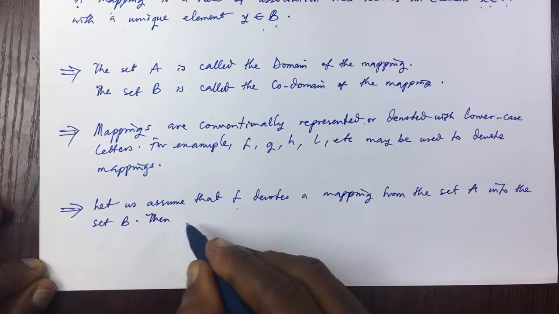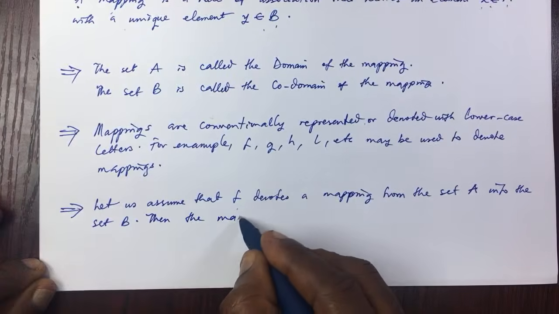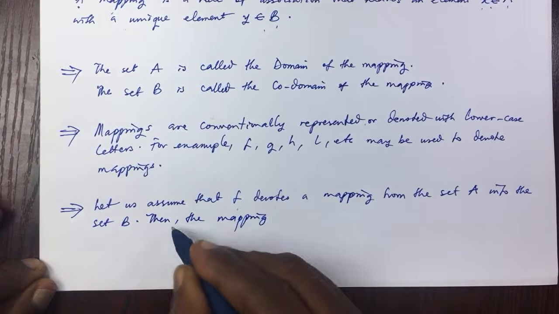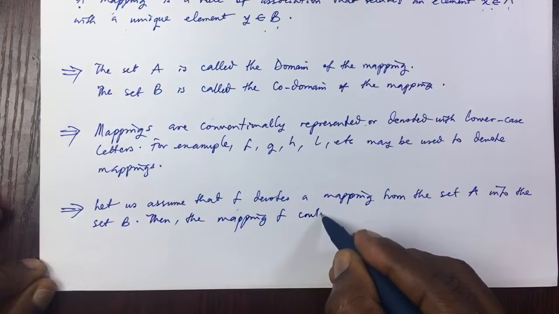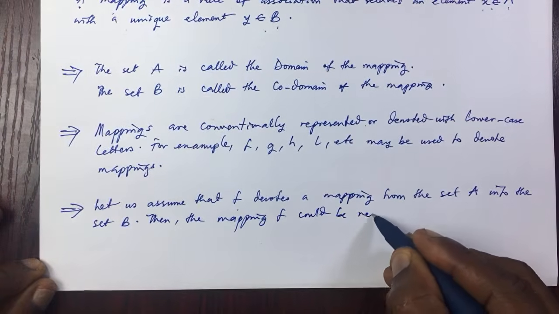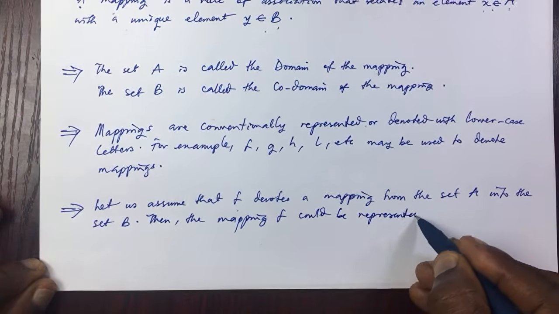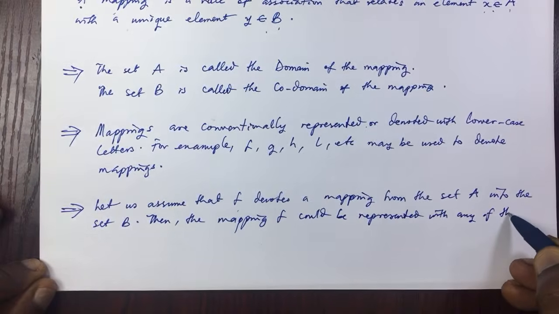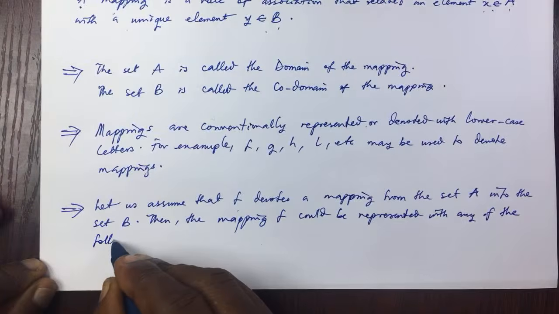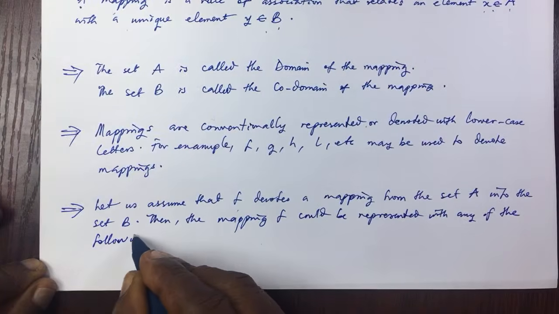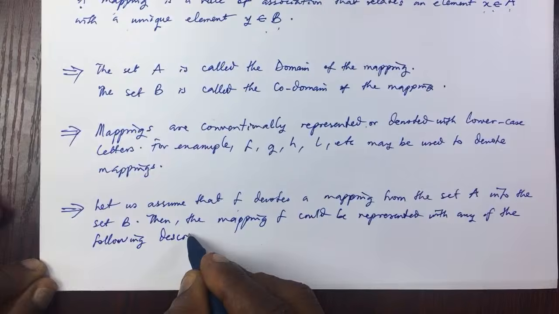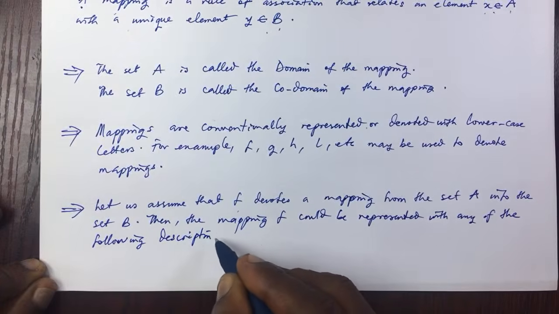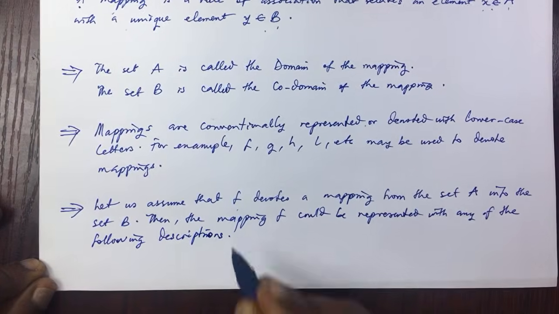Okay, so let us assume that f denotes a mapping from the set A into the set B. Then the mapping f could be represented with any of the following descriptions. Okay, so how do we represent the descriptions mathematically?